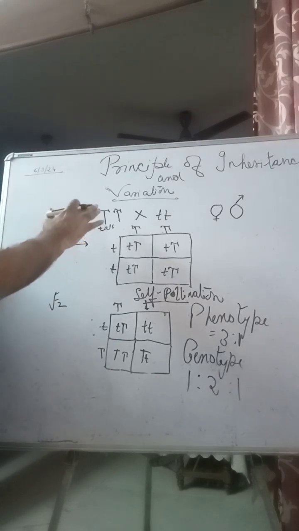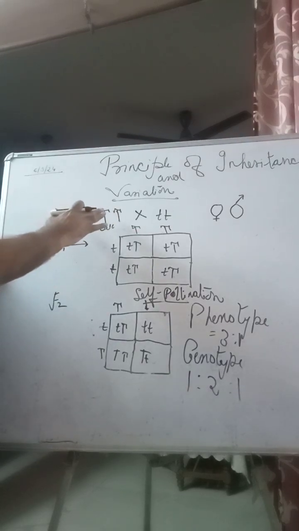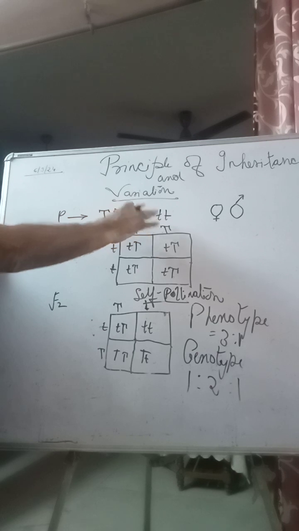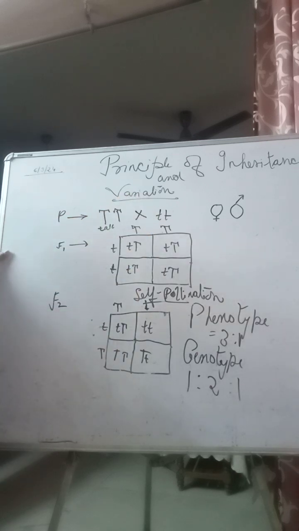So this is shown as capital T because this tallness is dominant, and the alleles are always in pairs. So it is shown in pair. Capital T, a pair of capital T, into a pair of small t, which is recessive or hidden.